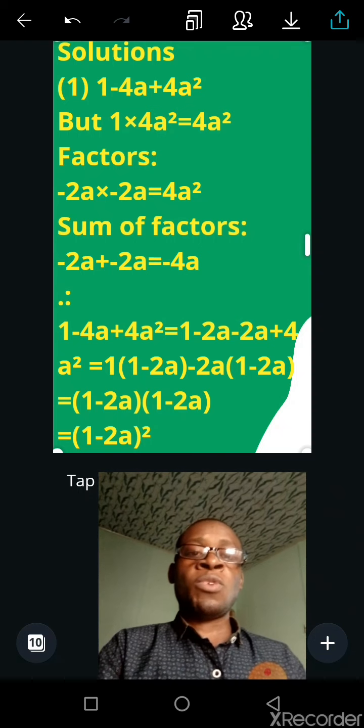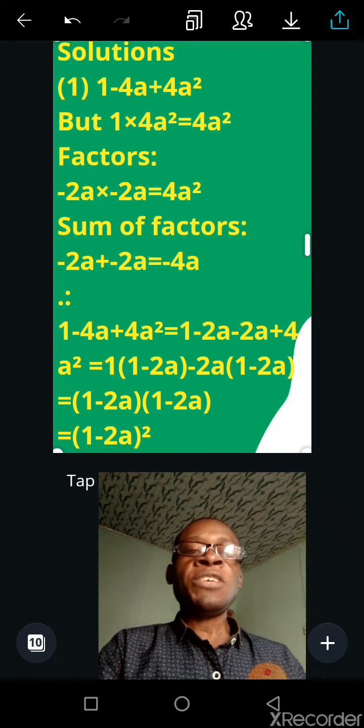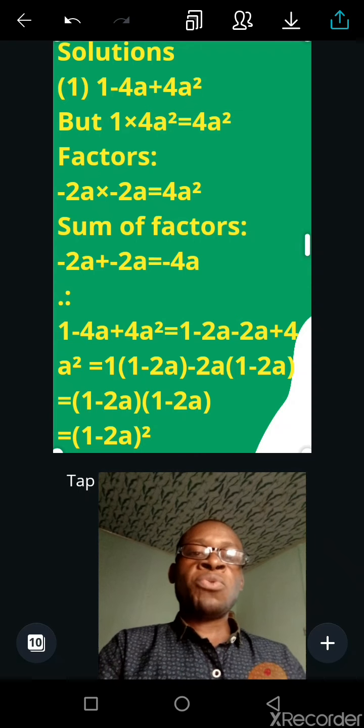We omitted a squared, so what we are supposed to have there is 1 minus 2a minus 2a plus 4a squared. So from the first group, which is 1 minus 2a, the HCF is 1. So we now divide with 1. 1 divide 1 will give us 1. That's what we have in the first place after opening the bracket. So 1 divide minus 2a, we have minus 2a. We'll go to the next group.